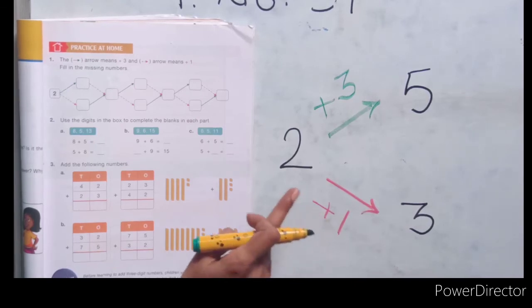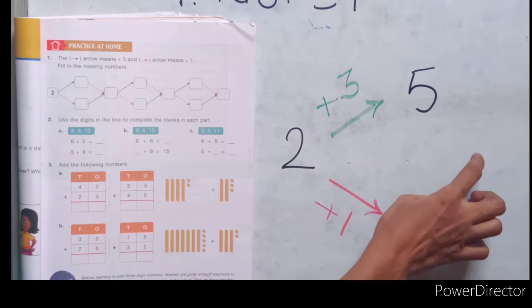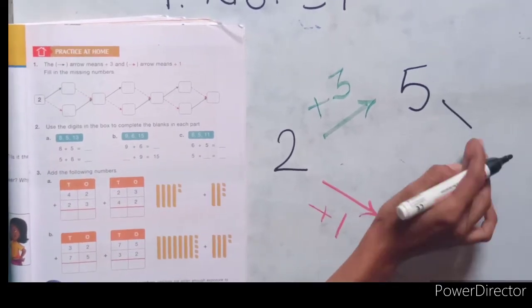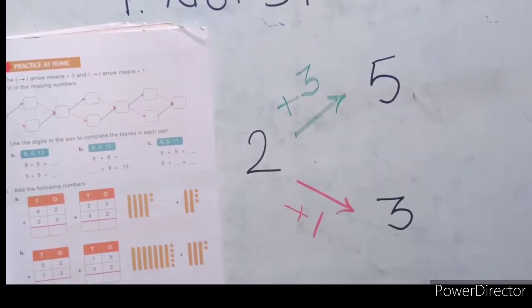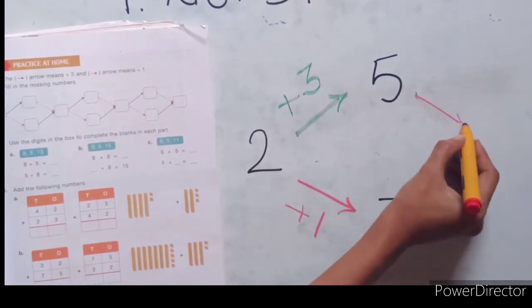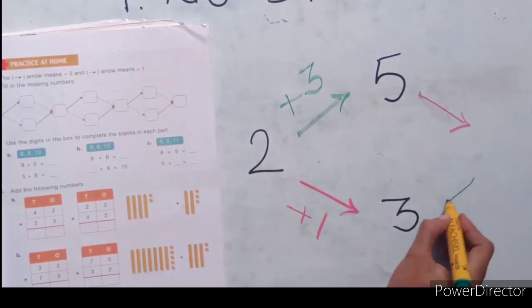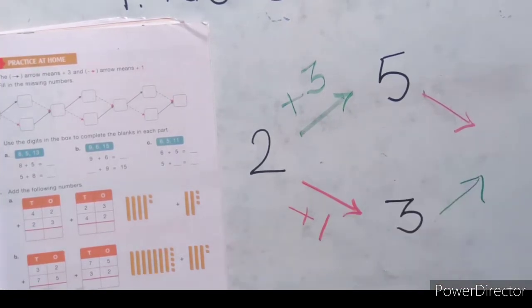We added this 1 to this 2, the answer is 3. Now, here is again one box. Here is a red arrow and here is a green arrow. And then here we have to write the answer.